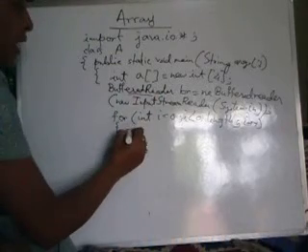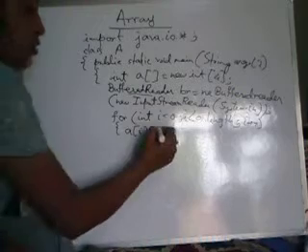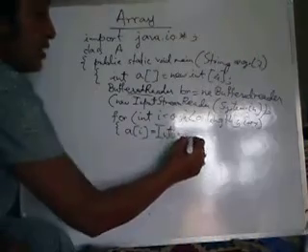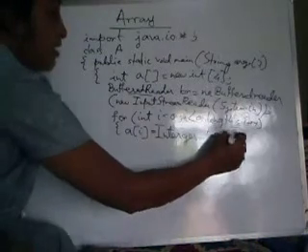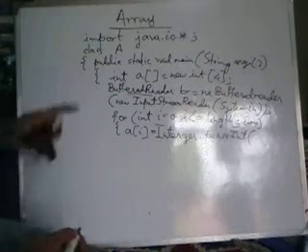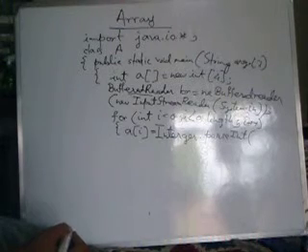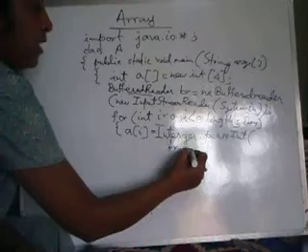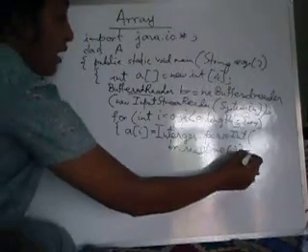Now within the array location, suppose A[i], we have to take input. So it is an integer. We need the wrapper class Integer, and within that one method is there, that is parseInt, which will convert the string to its equivalent integer. So Integer.parseInt, within that we have to write br.readLine().